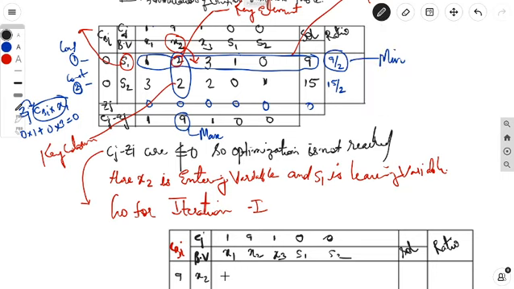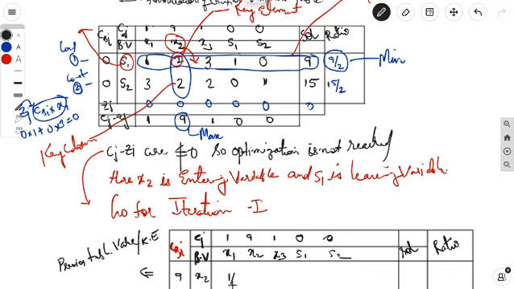So what does it become? What is X1 now? X1 is 1 by 2. This value becomes 1 by 2, original values divided by key values. Here I will write it: previous table values divided by key element.